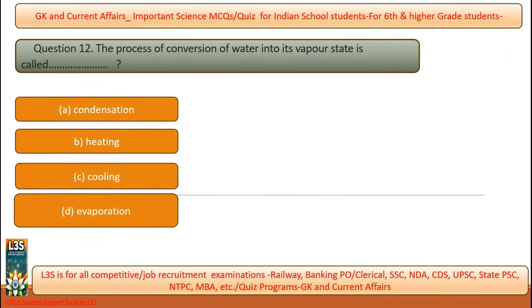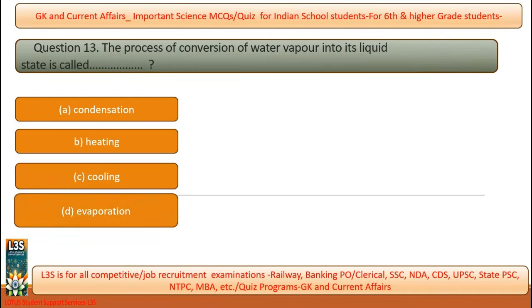The process of conversion of water into vapor state is called D, evaporation. The process of conversion of water vapor into liquid state is called, which option is correct?